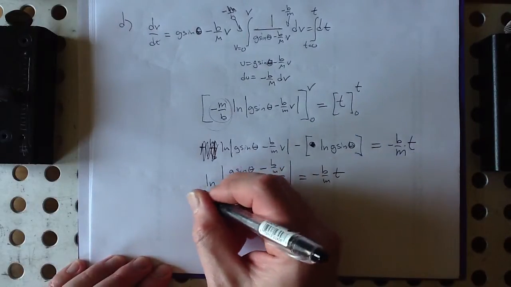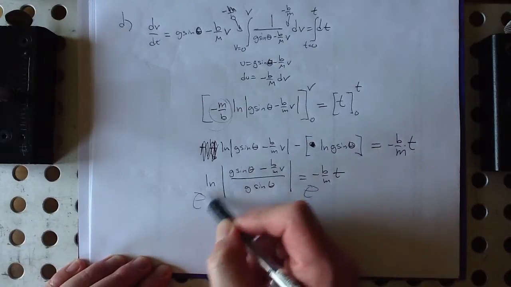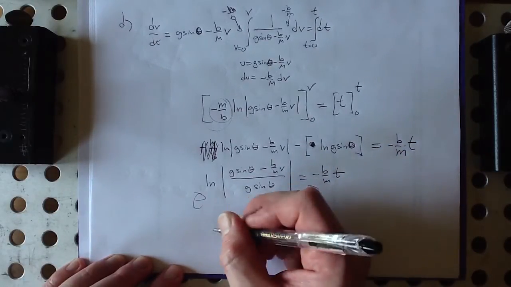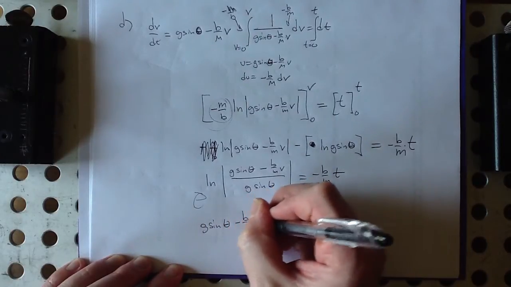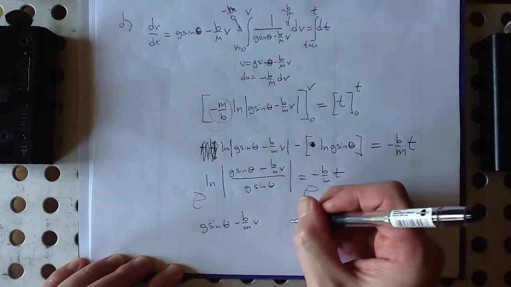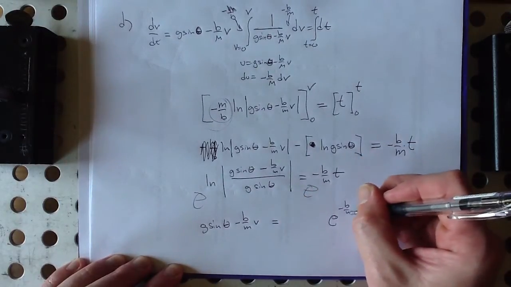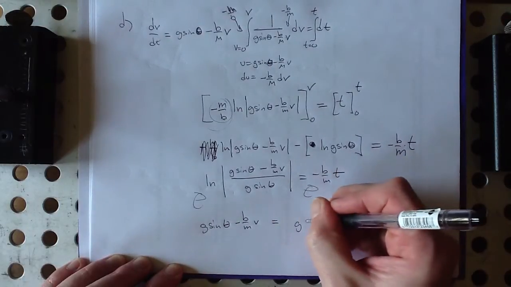And now I exponentiate. The e and the natural log cancel out, and I get g sine theta minus b over m v is equal to, and then on this side I have e to the minus b over m t. This would be on the bottom here. I'm going to multiply it to the other side.